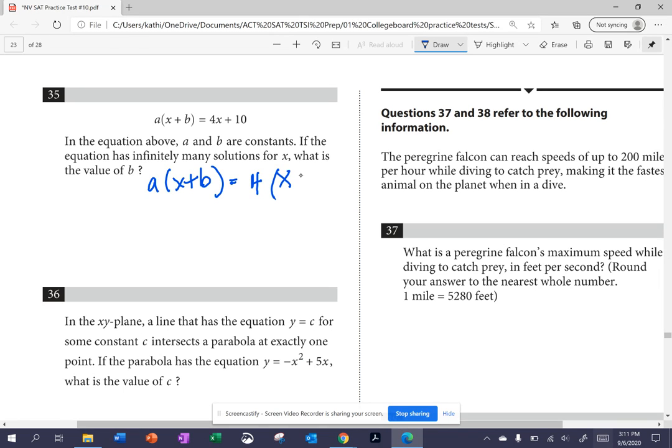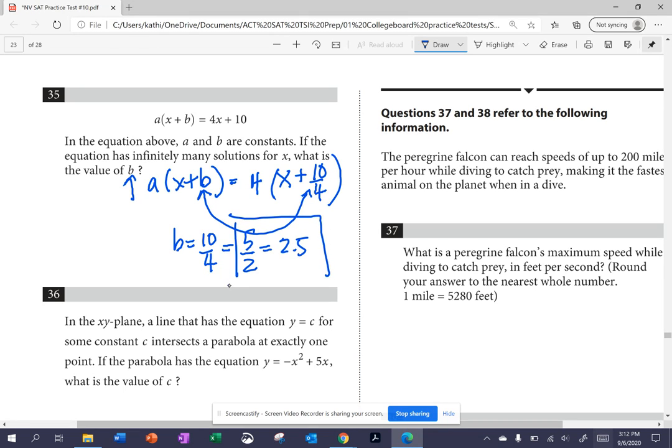This is going to be x plus 10 divided by 4. It's asking me for what is b. So b is 10 divided by 4. And I simplify that, and that is 5 over 2, or I can put in 2.5.